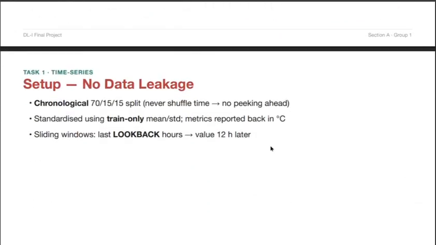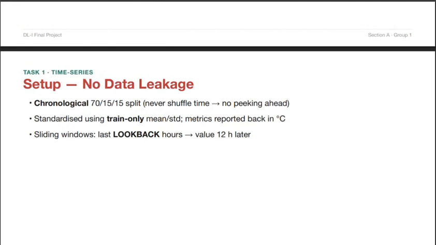This is how we started with our pre-processing steps. We split our data set in a 70, 15, 15 ratio. The 70% is for training, 15% is for testing, and the remaining 15% is for validation. We didn't shuffle the data set because the data is by default a time series.